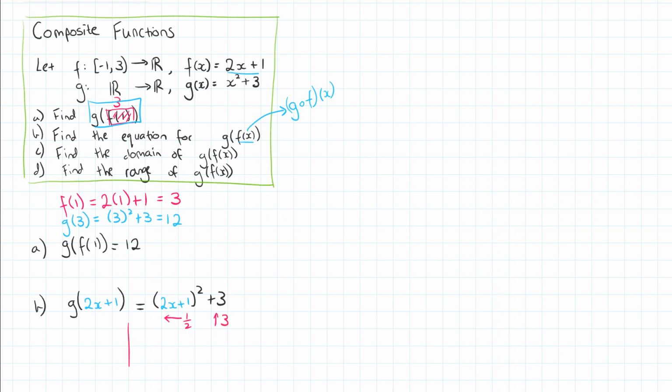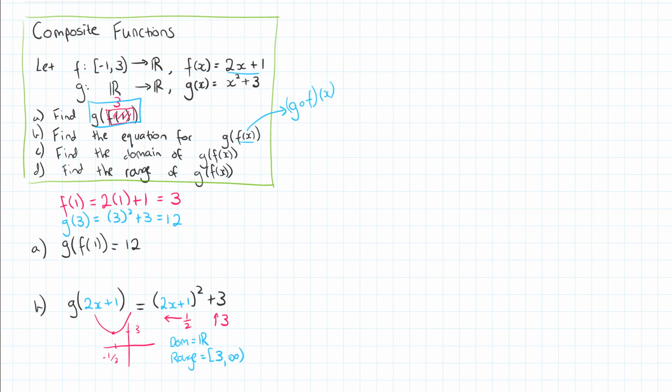So if we look at a graph of that, it's a positive quadratic, left a half, up 3, there's its turning point, looks something like that. So the domain of this quadratic would be all real numbers, and the range would be 3 up to infinity. So square bracket including 3 up to infinity.